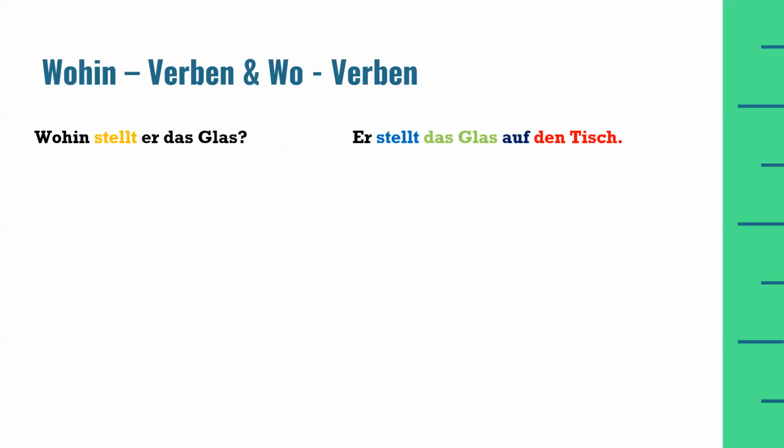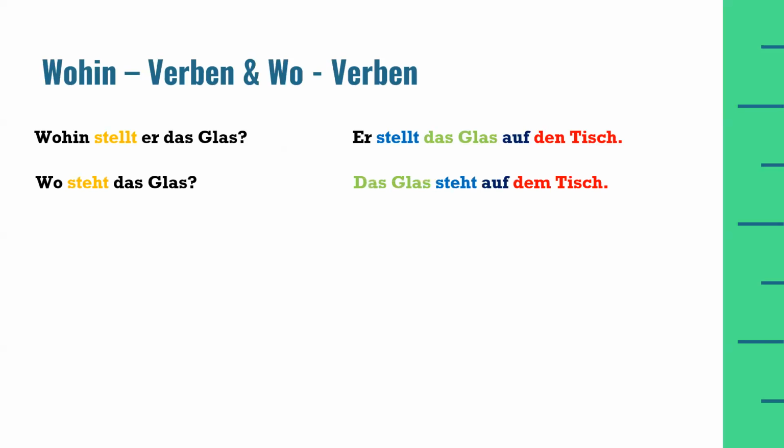Whenever there is a movement from one place to another, this auf preposition will act like accusative, and we have to use the accusative definite article for the noun that comes after this preposition. Here Tisch is a masculine noun, and in the accusative case the definite article for a masculine noun is den. Therefore we have to use den Tisch.